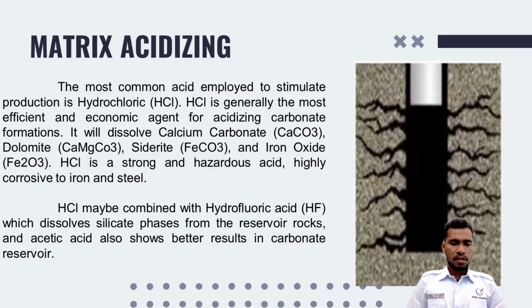HCl is a strong and hazardous acid, highly corrosive to iron and steel. Hydrochloric acid might be combined with hydrofluoric, which dissolves silica from the reservoirs, and acetic acid also gives better results in carbonate reservoirs.